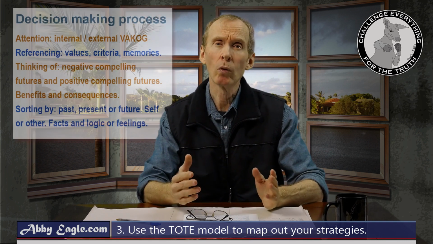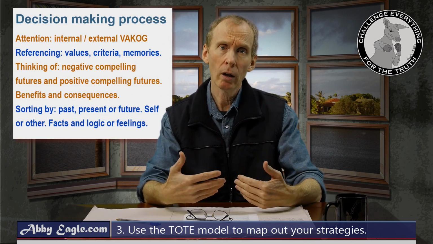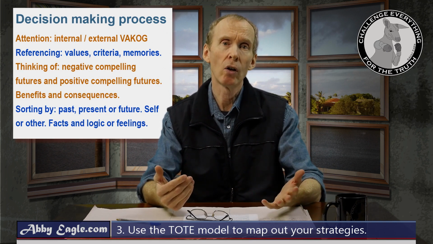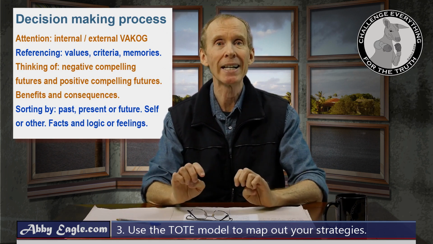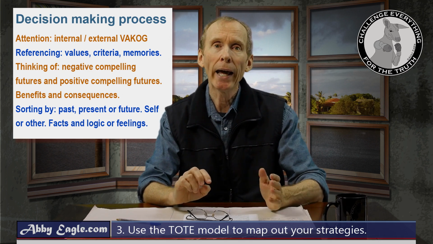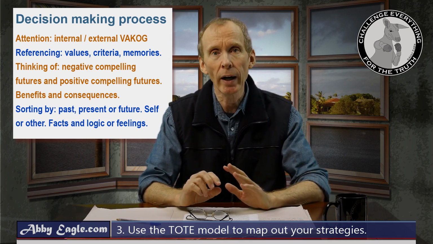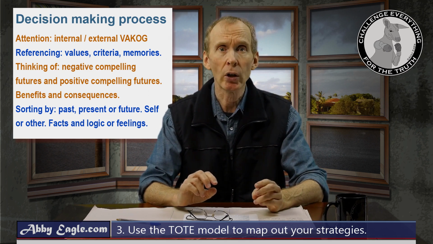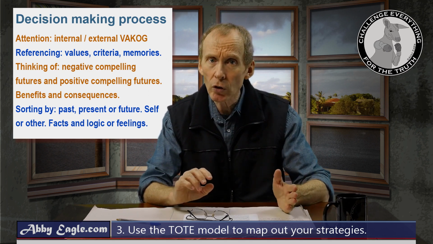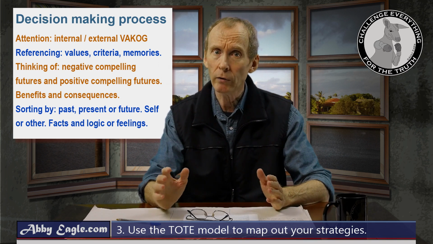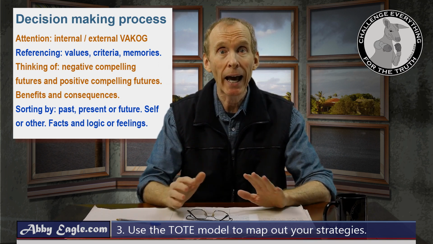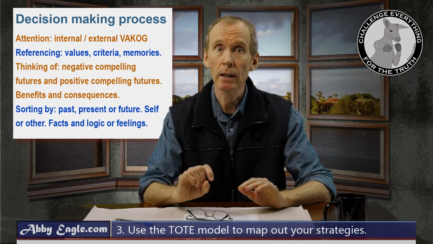Remember, your attention will go internal and external in VAKOG. That is visual, auditory, kinesthetic, olfactory, and gustatory. And you will be referencing values, criteria, and memories. You may be thinking in terms of a negative compelling future and a positive compelling future. You may be thinking of benefits and or consequences.